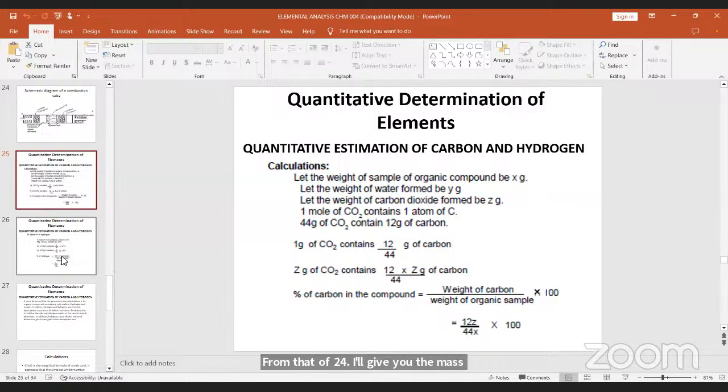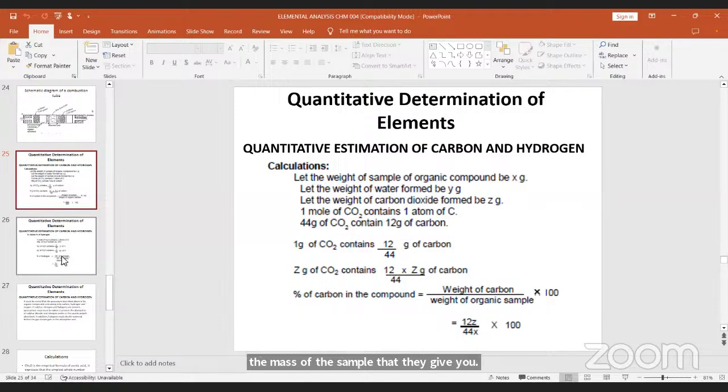And usually when you find this sort of question, I'm going to send an example of such a question. You start with the carbon dioxide. When you use the carbon dioxide as the basis for the calculation, you get the mass of carbon. Then you can deduct that from the mass of the sample that they give you to get the mass of hydrogen.